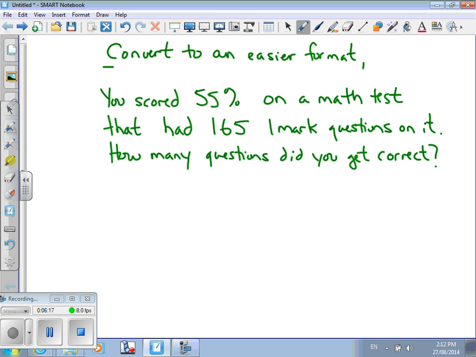What we want to do is attempt to convert this into an easier format so that we can label our part and our whole and our percent.